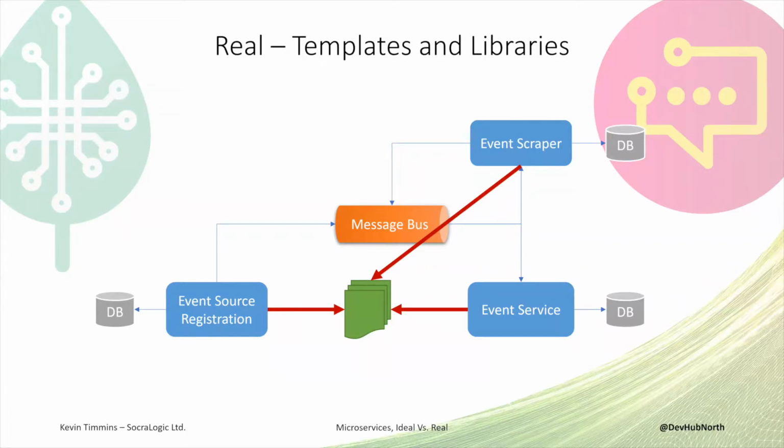That poses a real problem, because suddenly the data that's going onto the message bus is no longer in a form that the event scraper can handle. Depending on the levels of validation that you've got around that as well, that can cause real issues and make everything very, very fragile and very brittle.